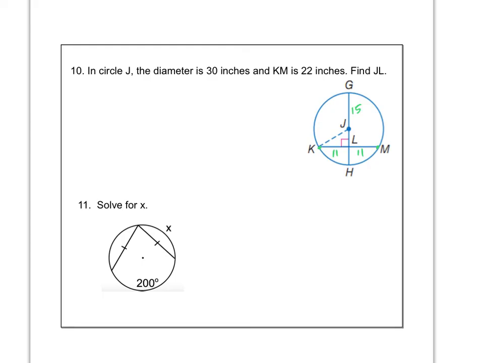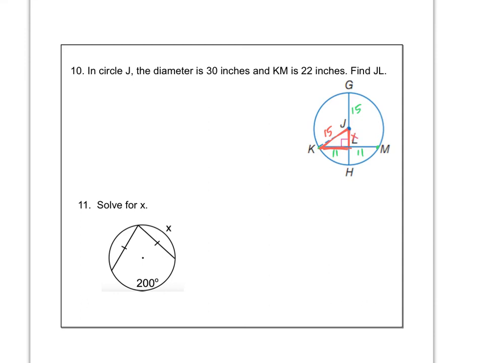They want us to find the distance from J to L. So they want us to find this little distance right here. I know this distance is 11, and I do know the radius is 15. Is JK also a radius? It is, isn't it? So that's going to be 15.